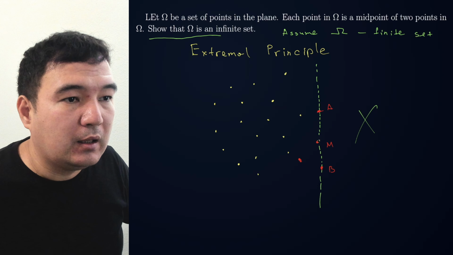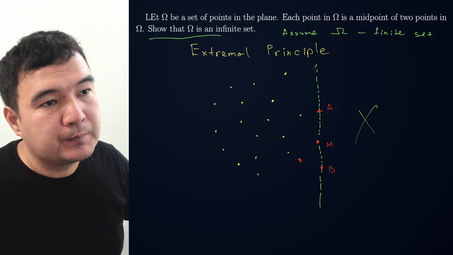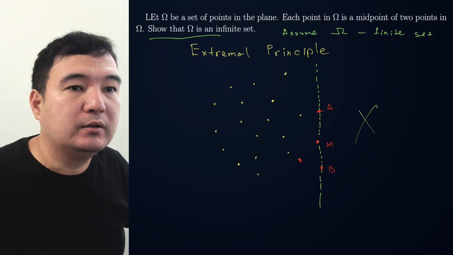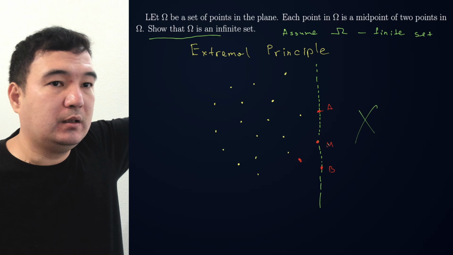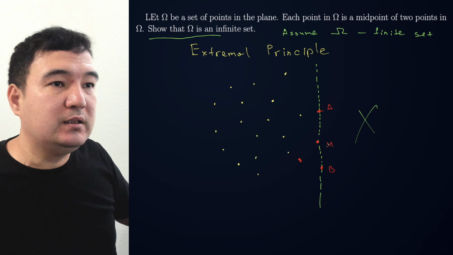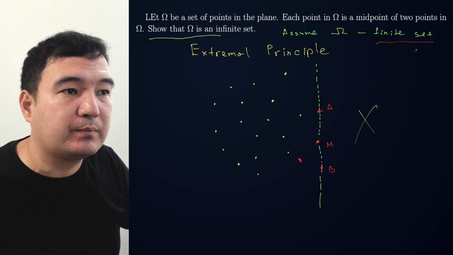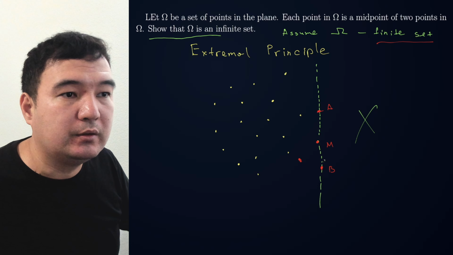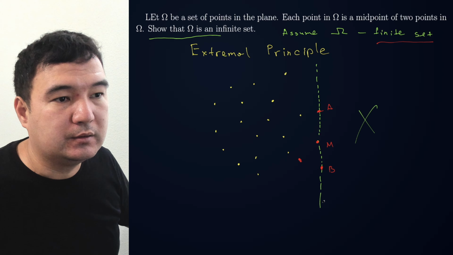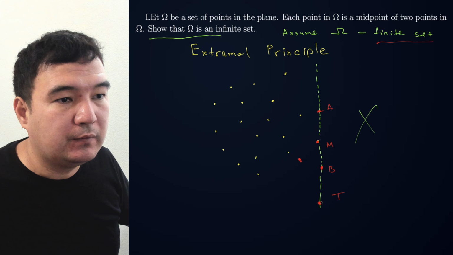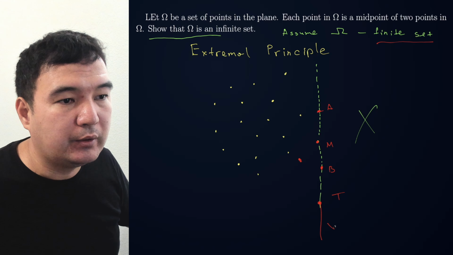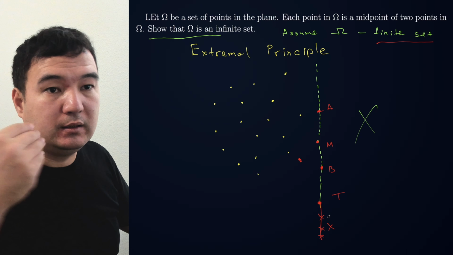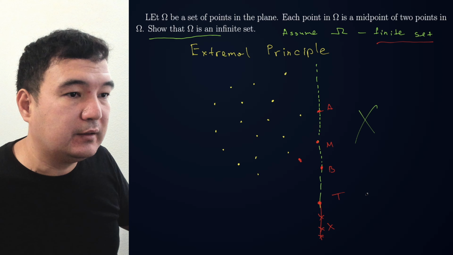Now M is a midpoint of A and B, so there are several points along this vertical line. Since we have a finite number of points, let's choose the lowest point on this line. Let's say this is T. For this point T, there are no points below it, because it's the lowest, and nothing on this side.